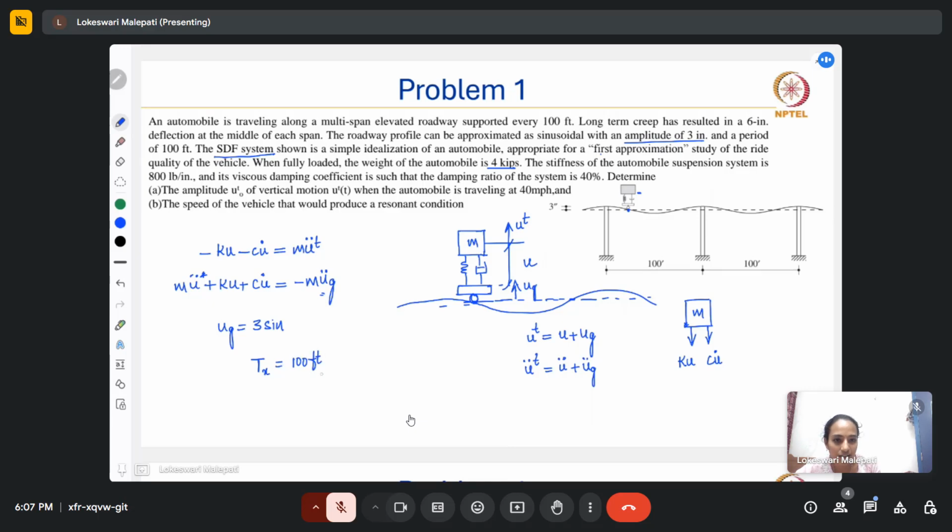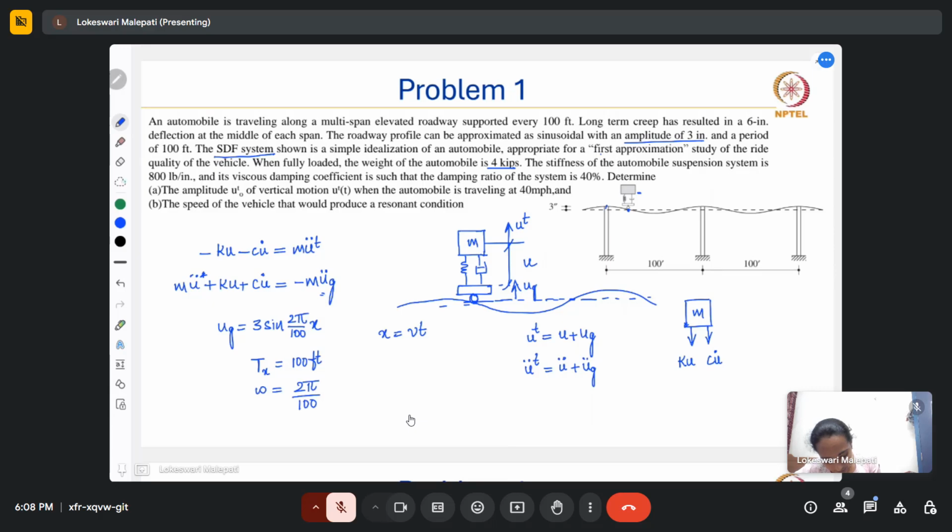This is similar to the time period in terms of time, but here it is in space terms. So we have 100 feet. Now that means omega will be equal to 2 pi by 100. So here we have 2 pi by 100 times x. Also they have given that the automobile is moving at a velocity of 40 miles per hour. So we can replace this x with vt.